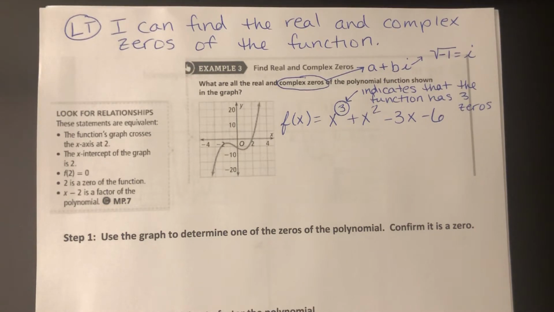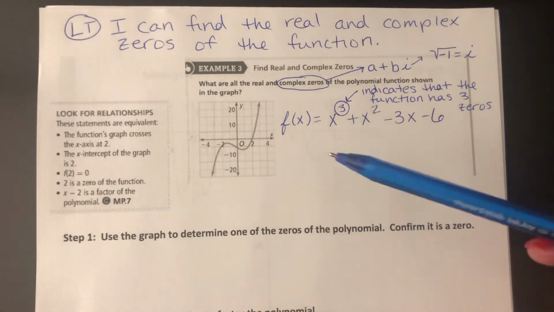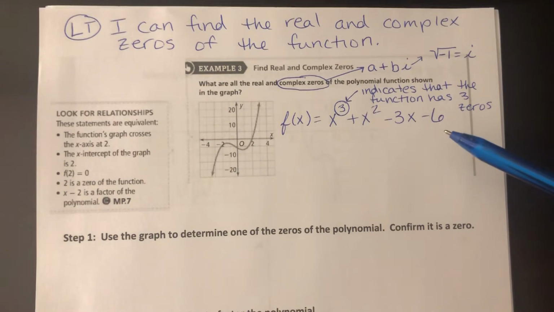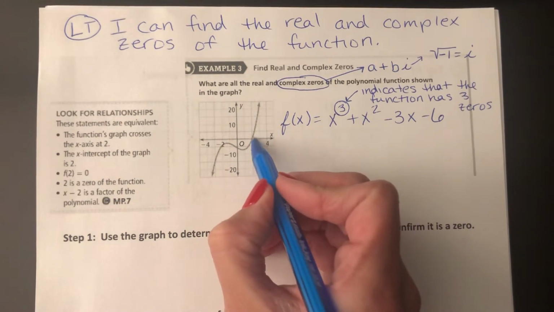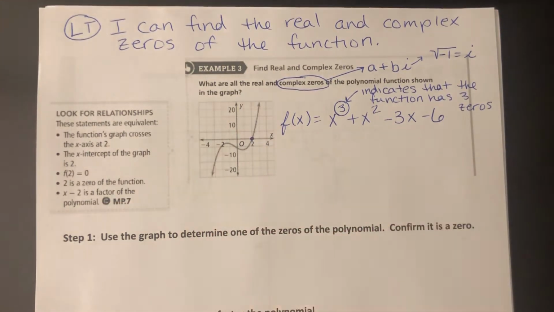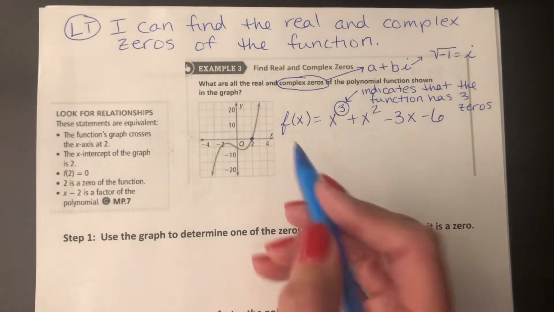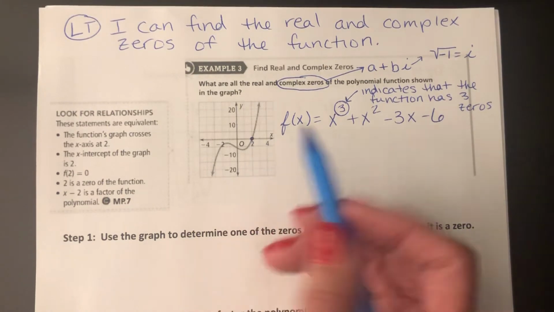Okay, so if we're using this function and we're trying to find all the zeros, the first thing we want to do is graph it. Here it's graphed for us already, but if you didn't have that graph, you would plug that into your graphing calculator or into Desmos, and you would find that it has the x-intercept of +2. So that is our first real zero.